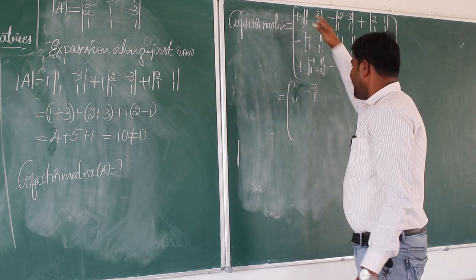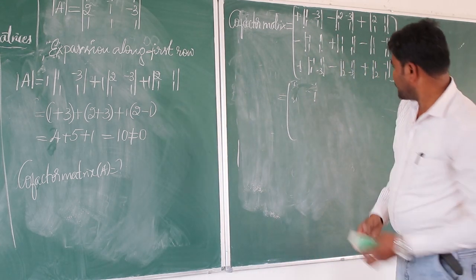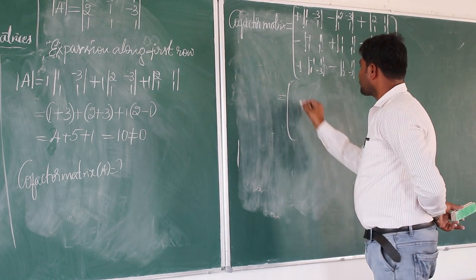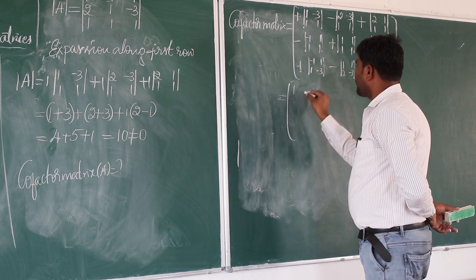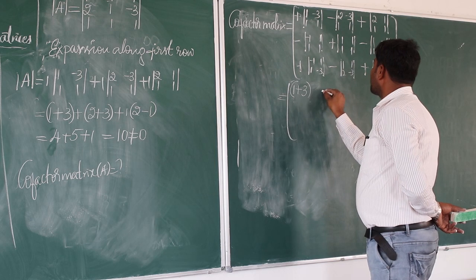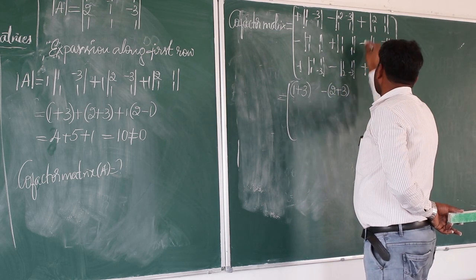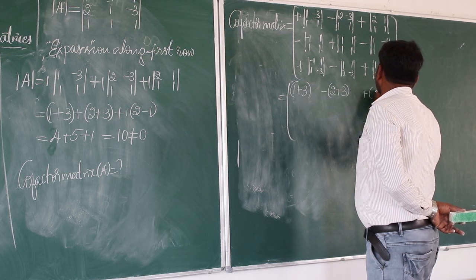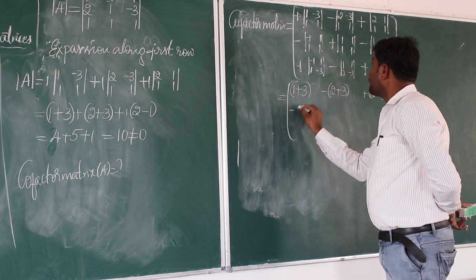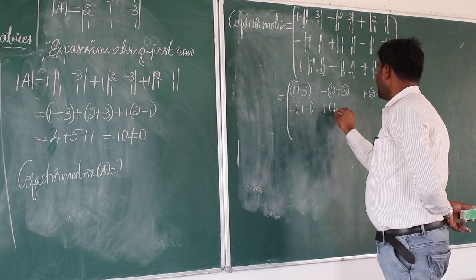So now find out the values of the determinants. The first one is 1 plus 3, since 1 minus of minus 3 becomes plus 3. Then minus of 2 plus 3, plus 2 minus 1. Second row elements are minus of minus 1 minus 1, plus 1 minus 1.